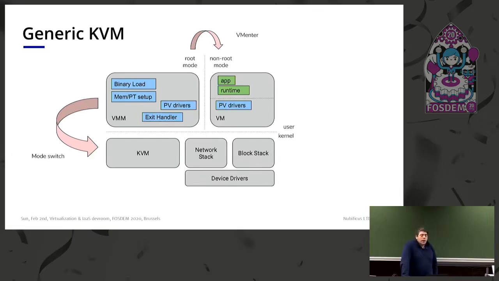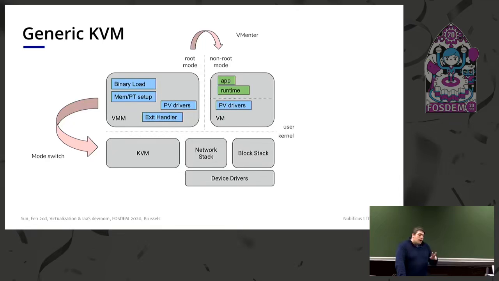The application is running in user space. There's a runtime. There are the drivers to interface with the monitor. So it switches to kernel space on non-root mode. Then the PV drivers communicate with the PV drivers of the monitor.